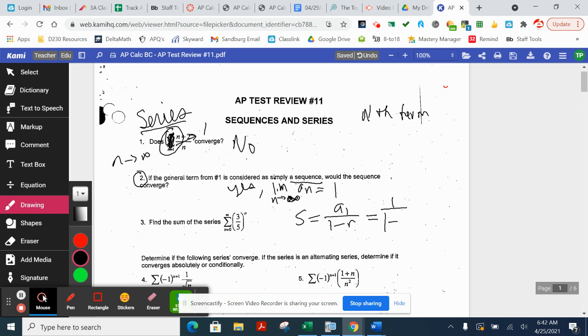My ratio, since it's 3/5 to the nth power, means I'm just multiplying by 3/5 over and over again, so the 3/5 is our common ratio. That sum ends up giving us 1 over 2/5, for an answer of 5/2. That was the second section in this chapter.